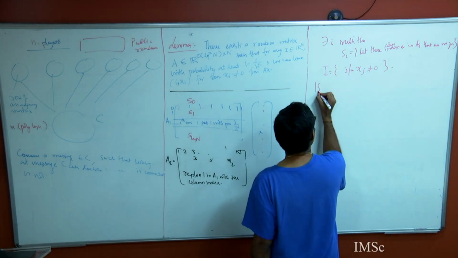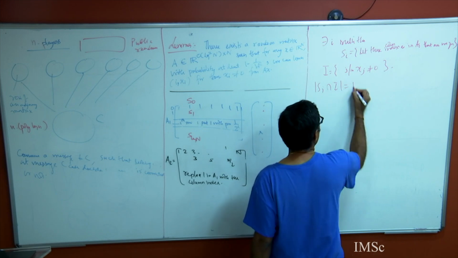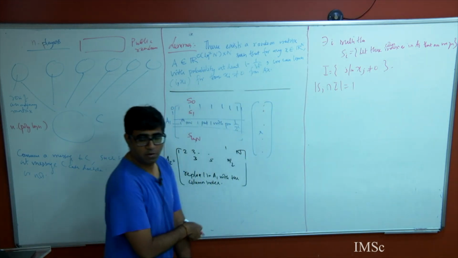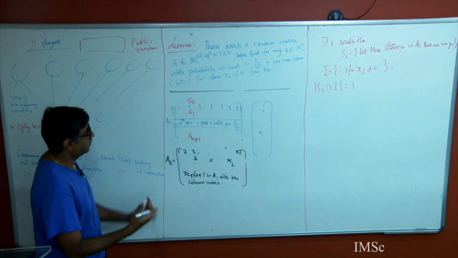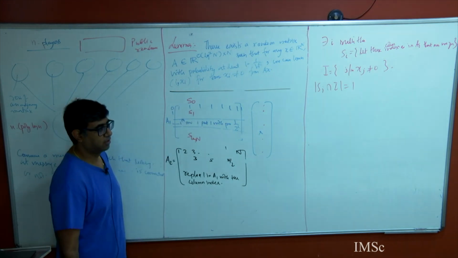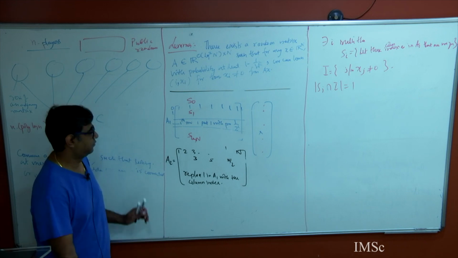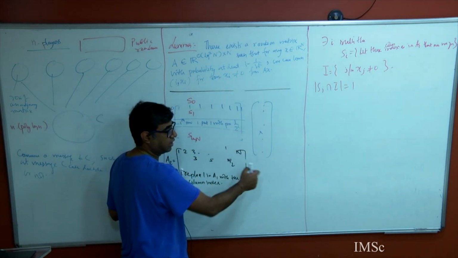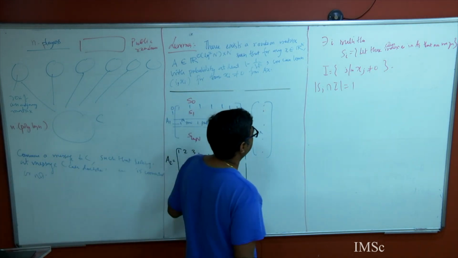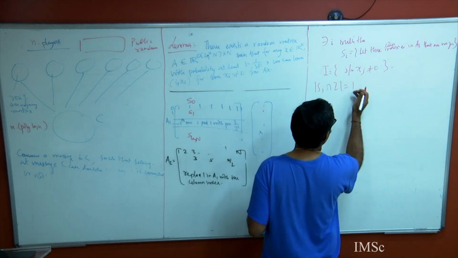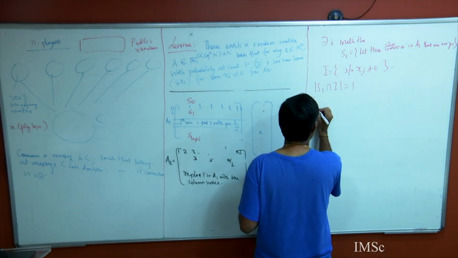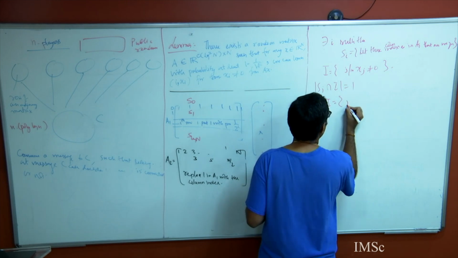If somehow I can prove that there exists some Si for which Si intersection I is a single element, then it is very easy to infer the index. Suppose Si intersection I is exactly one index, say j.